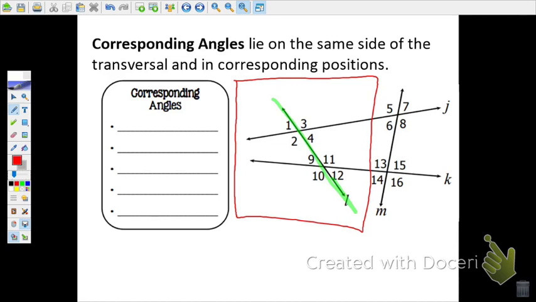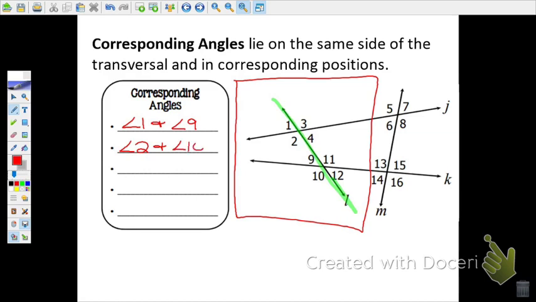So we're going to list all the corresponding angle pairs. Which angle corresponds with angle 1? Angle 1 is in the upper left corner. So what's in the upper left corner in my other group? Angle 9. What corresponds with angle 2?